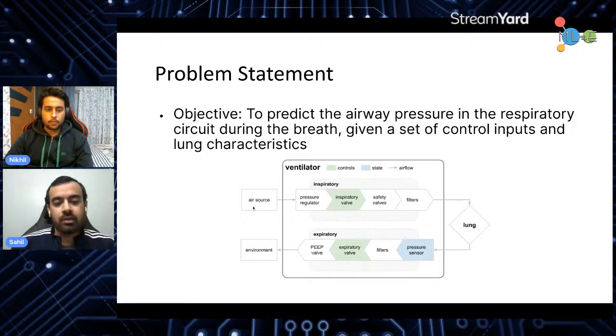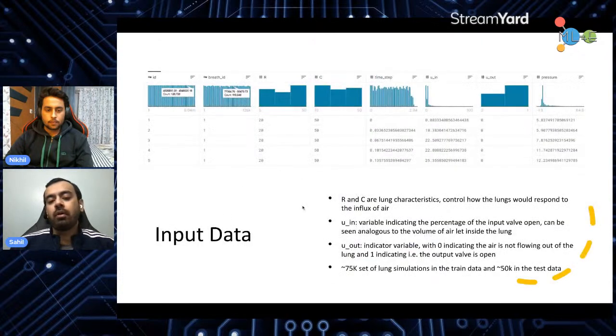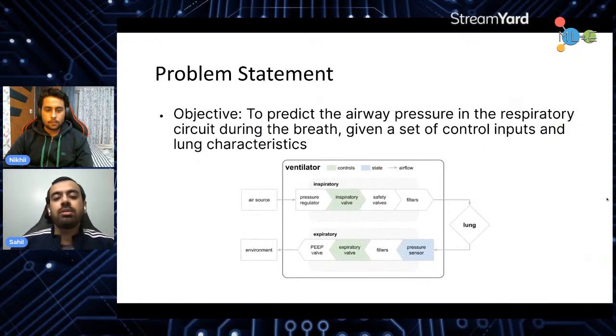There is an air source which lets the air in, and there is an inspiratory valve which basically controls how much air is going into the lung. Then this is connected to a lung, and the output is being controlled by another valve, the expiratory valve, which controls how much air is flowing out of the lung. So this is what an entire respiratory circuit looks like.